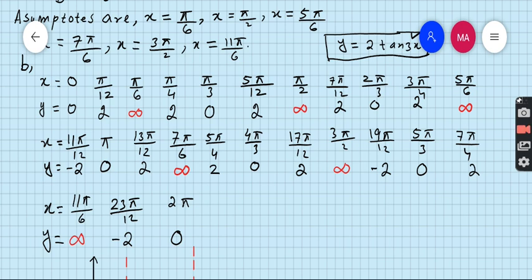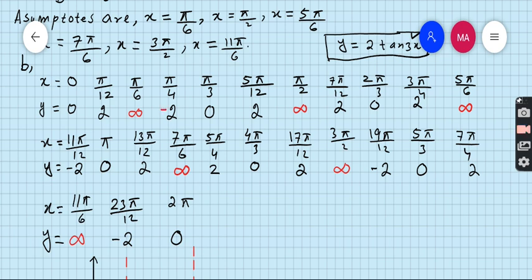2 tan 3 times pi by 4. So the first mistake is that this value is minus 2.